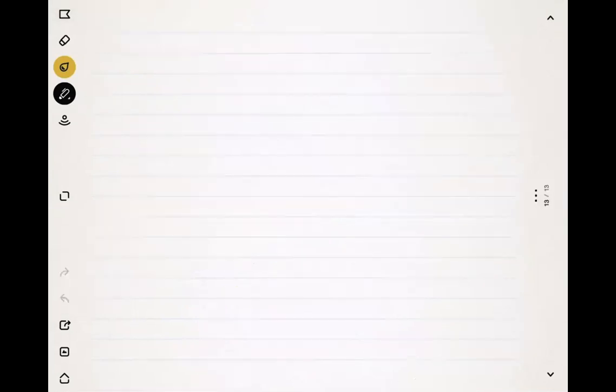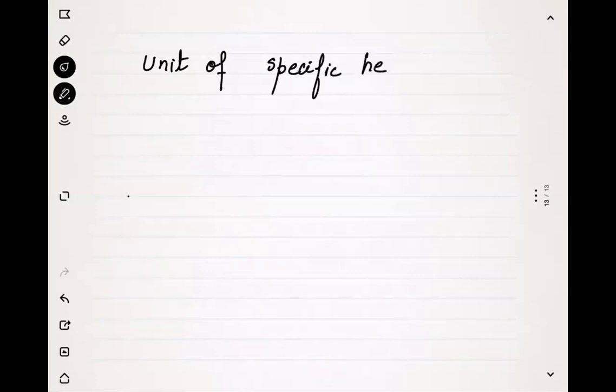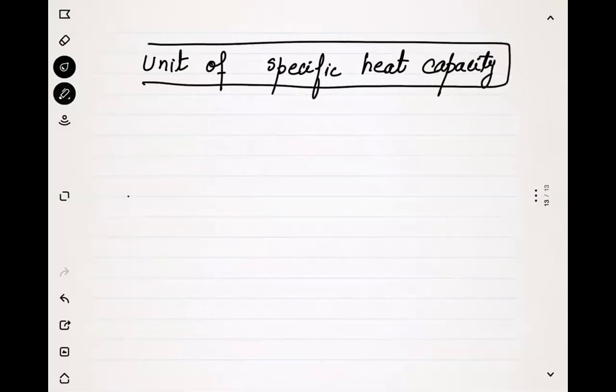Now let's suppose we write the unit of specific heat capacity. According to the given formula, we can write its unit. The given formula is heat is equal to mass into specific heat capacity into change of temperature. This formula will return the units.